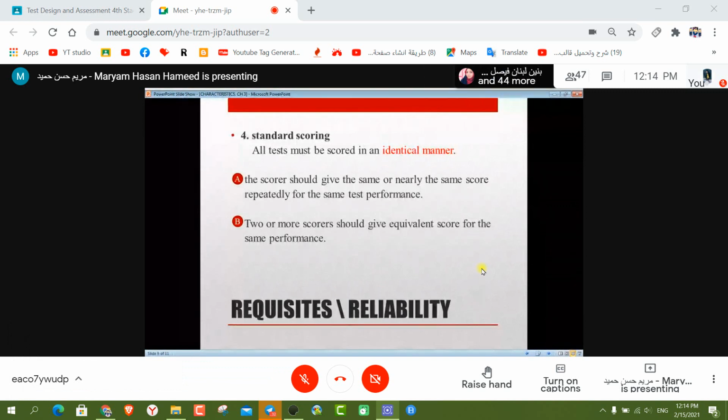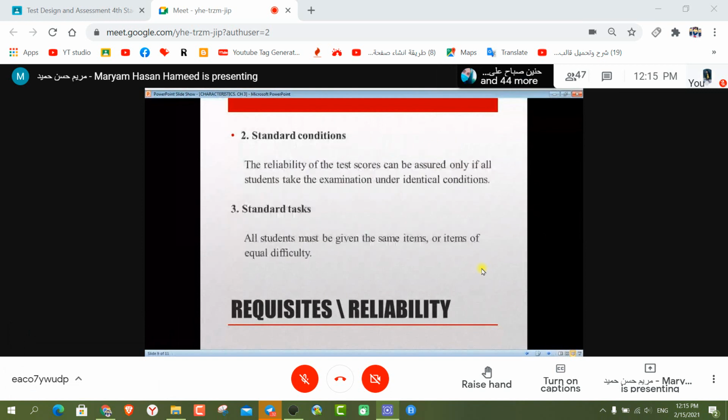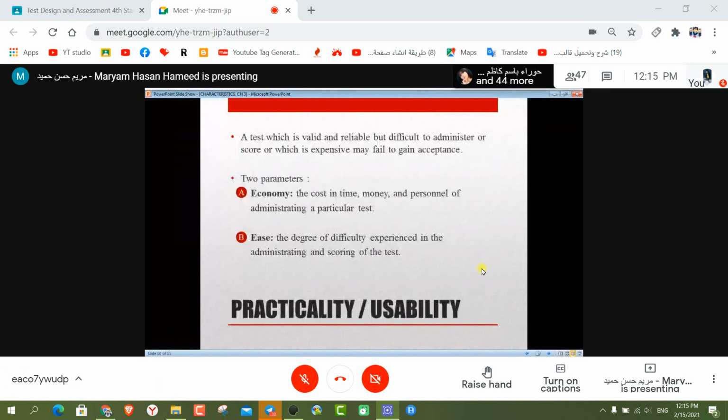The last one, which is practicality. Yes, who can read it? Practicality. Yusuf? Yes, read. The third characteristic of assessment is its practicality or usability.